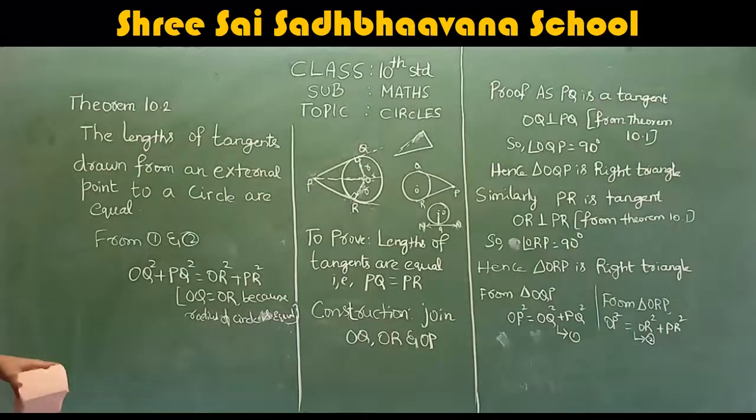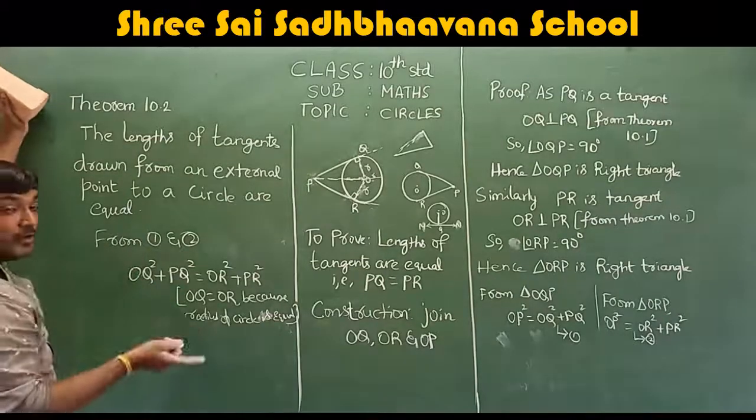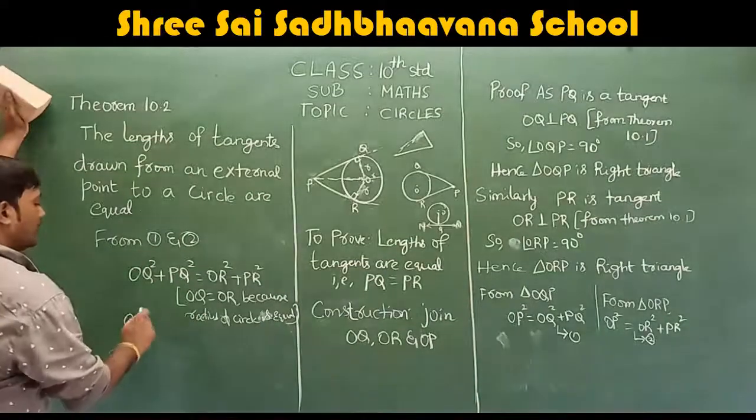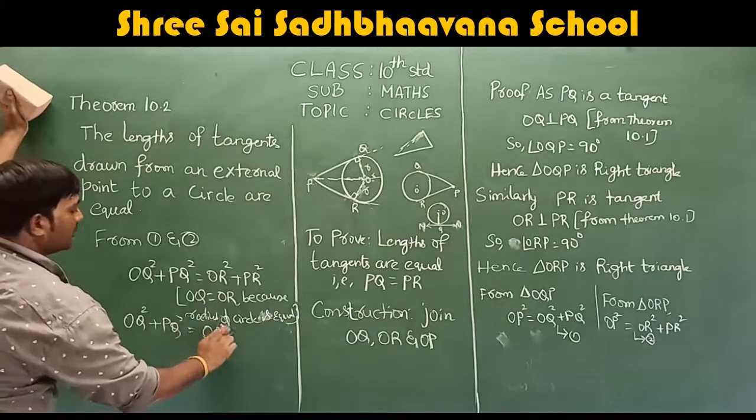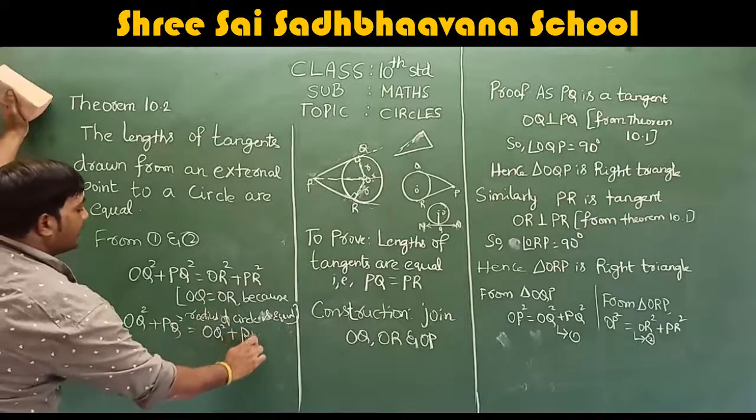So OQ and OR are the same. You can replace OQ with OR or OR with OQ, anything is fine. So OR can be replaced with OQ because the radius of the circle is always equal.